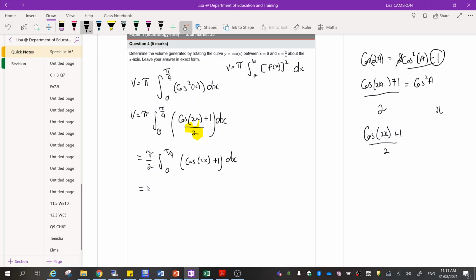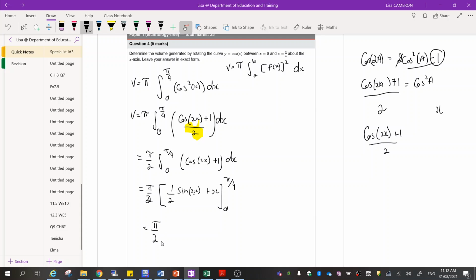So now I'm finally ready to integrate. When I integrate my cos function, cos is going to go to a sine. So sine 2x, and when I take the derivative of this bracket, it's going to become 1 over 2. When I integrate 1, it's just going to turn into x, and then I'm going to substitute in my values of pi on 4 and 0.